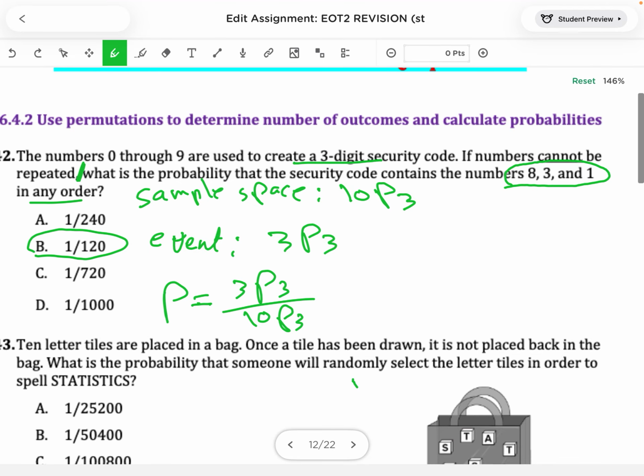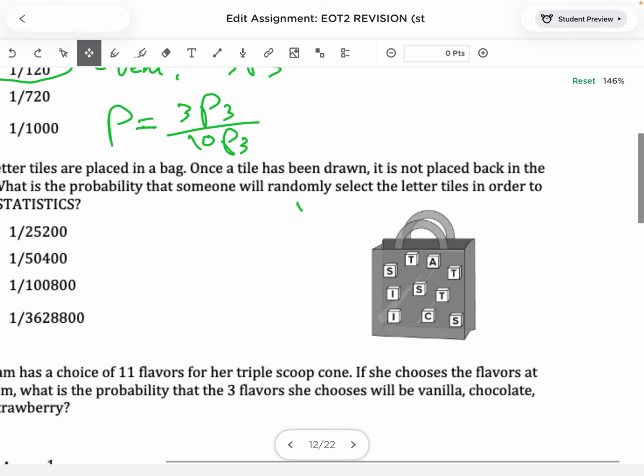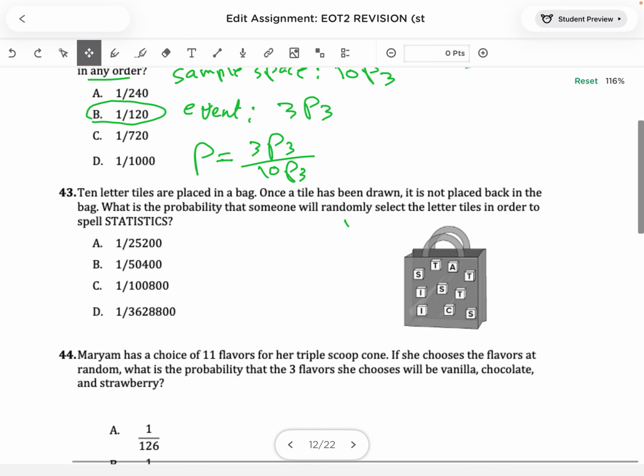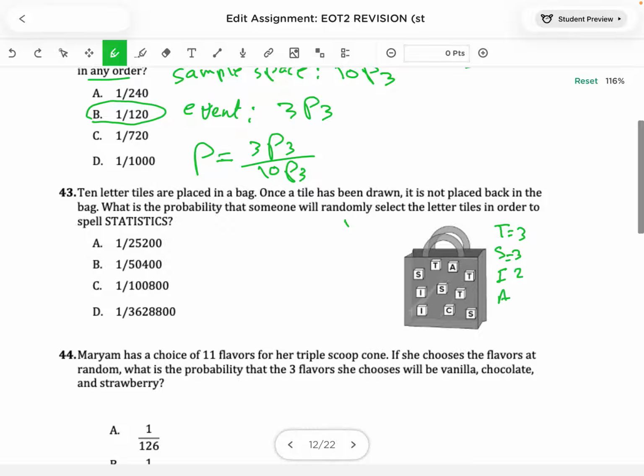For the next one, which is a very common question, now we did it one way, and I will do it in 2 ways. In the first way, we know that S is repeated 3 times, T is 3 times, I 2 times, A 1 time, and C 1 time.